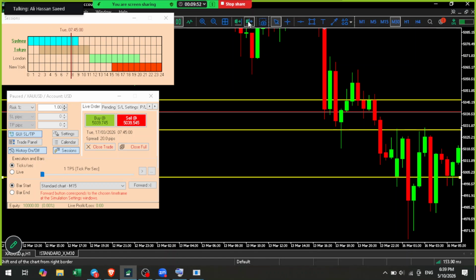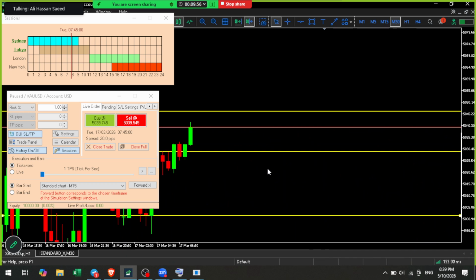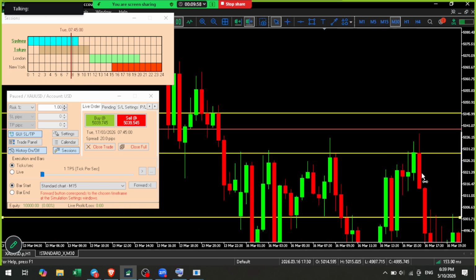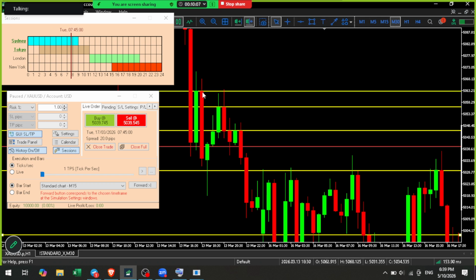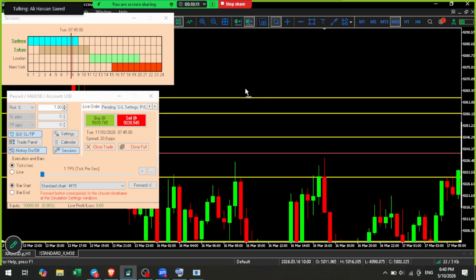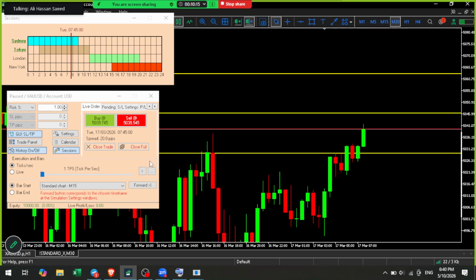Going down to the 30-minute, we don't have anything. Okay, resistance, and then there is this resistance, there is this. Too much choppiness. We will disregard this, and let's see how the market behaves.